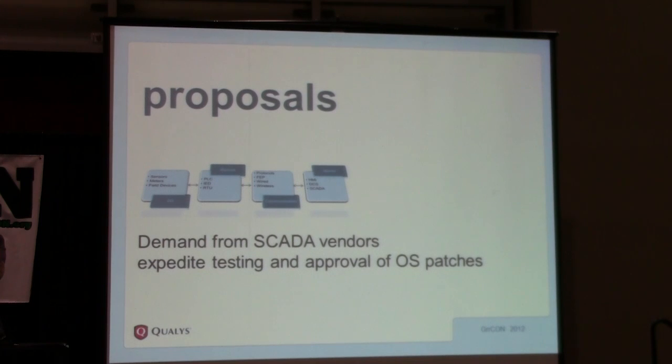So the patch is almost recompiled by your SCADA vendor, and then you get the recompiled patch from them, because you cannot apply a patch from Microsoft directly to your SCADA system. In that case, have SLAs written down so that they will give you these recompiled patches in a reasonable amount of time.